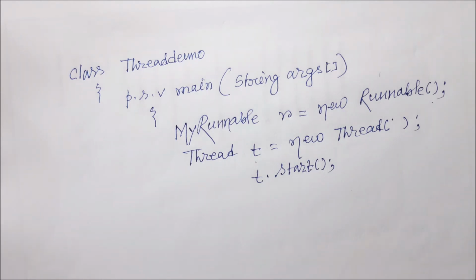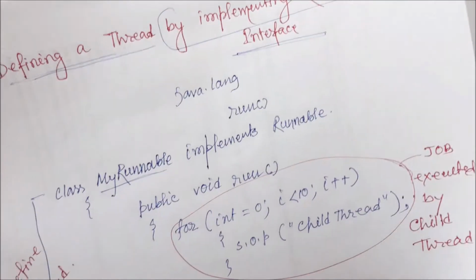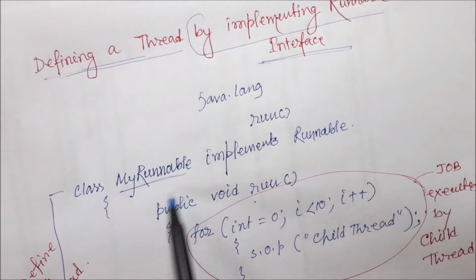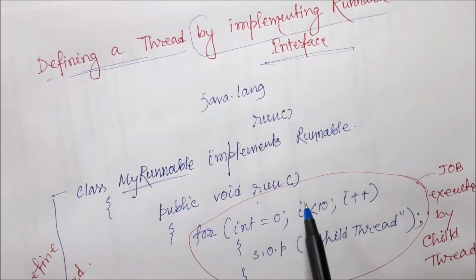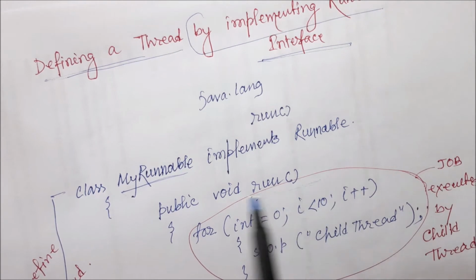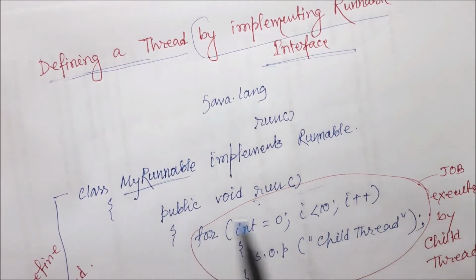So what does it mean? If I want to execute my MyRunnable class run method, that means we have to pass the object of this class.